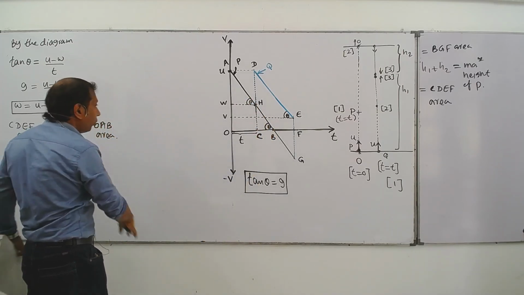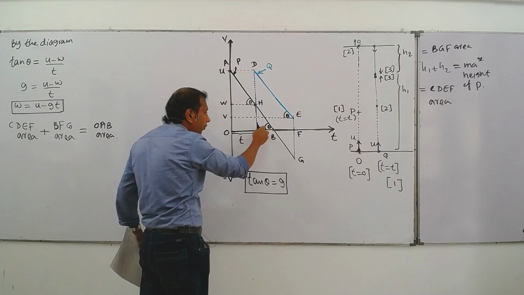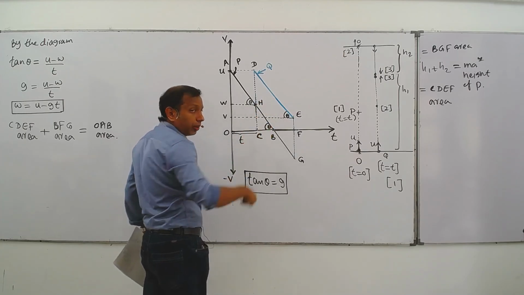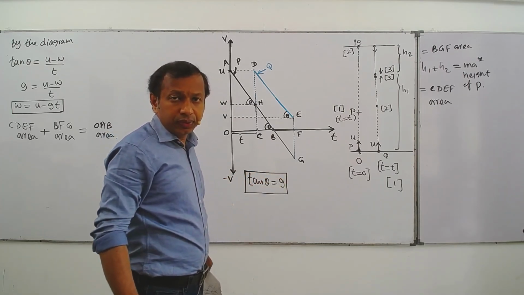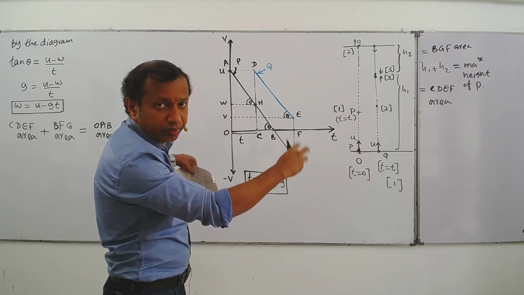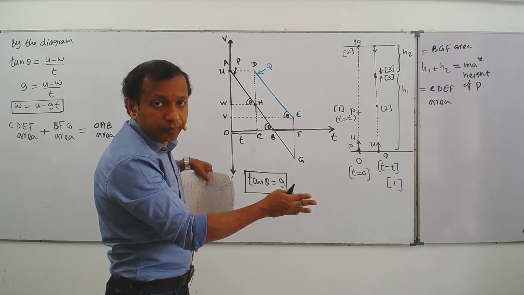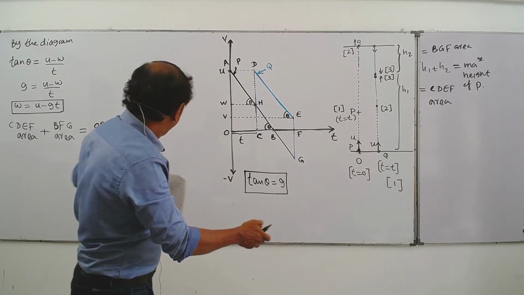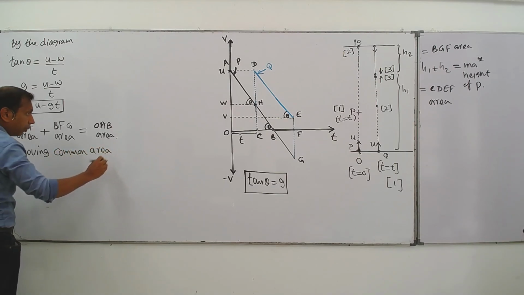For the right hand side, OAB area also containing this HBC area. This HBC area is common for both left and right. So therefore, in the left and right, this HBC area, right, we can cancel down. That is removing common area from both sides.